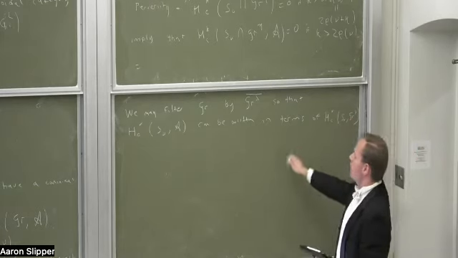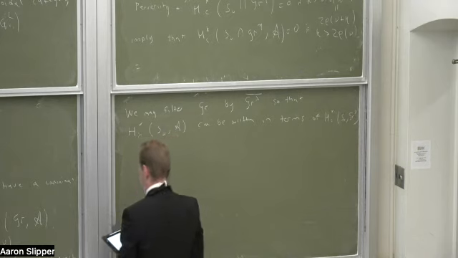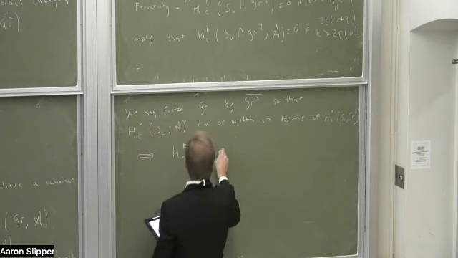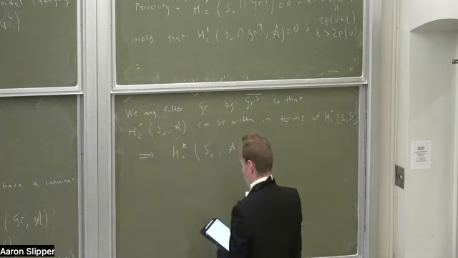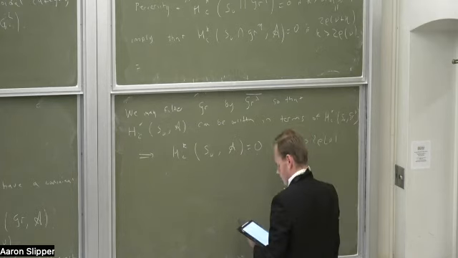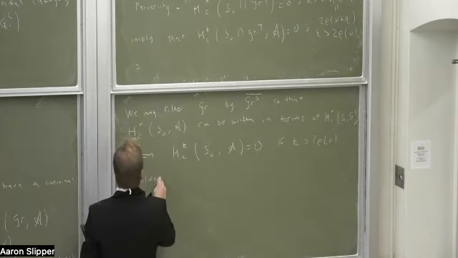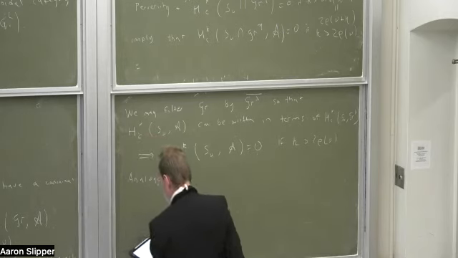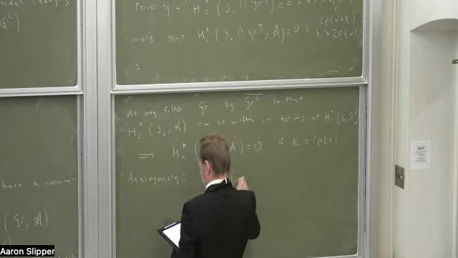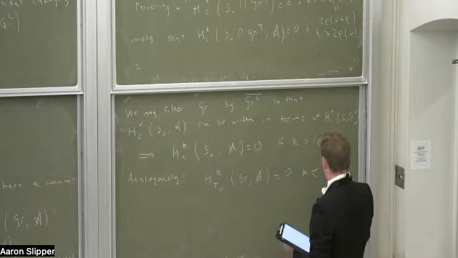By a spectral sequence argument, this gives us that H_c of S_nu with coefficients in A is 0 if K is bigger than nu. And a very similar, analogous argument on the T's as opposed to the S's shows us that it is zero if K is less than nu.